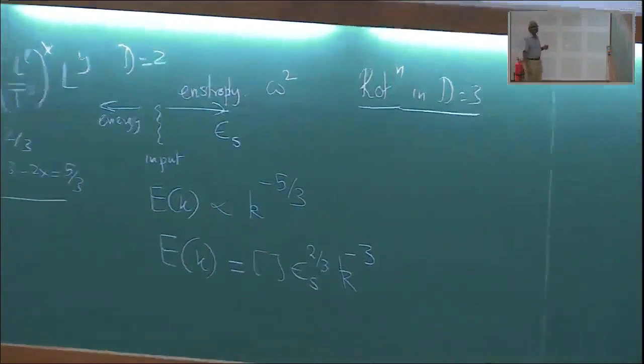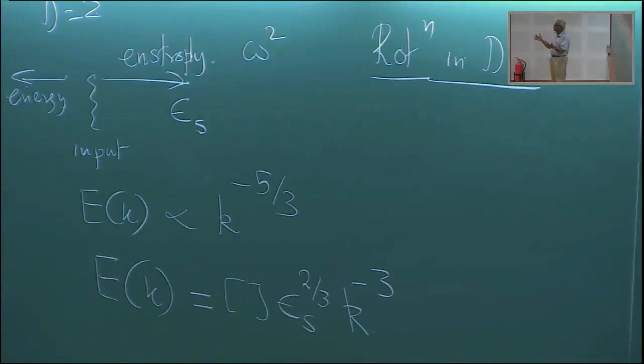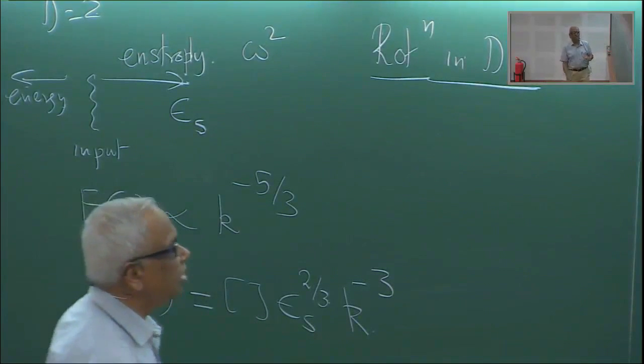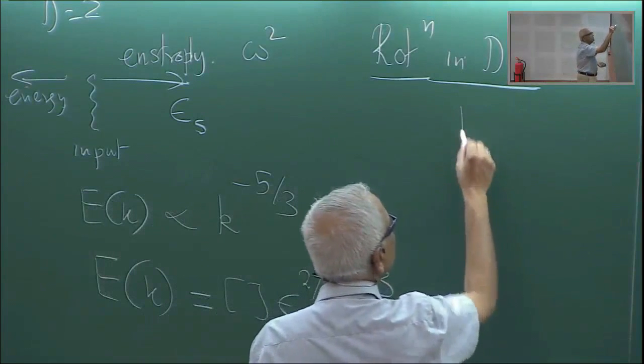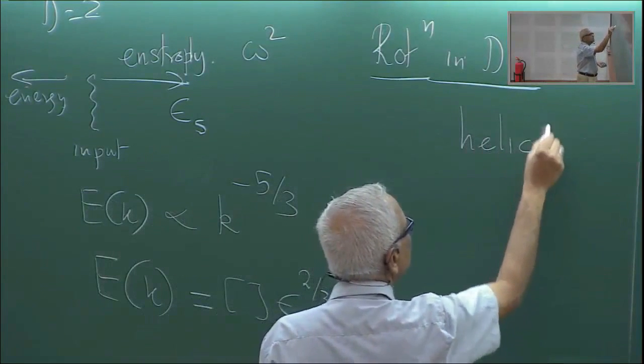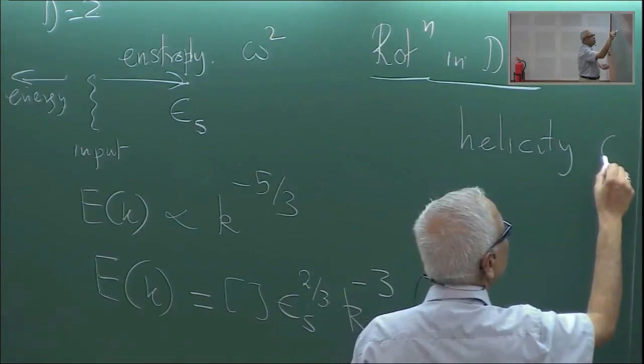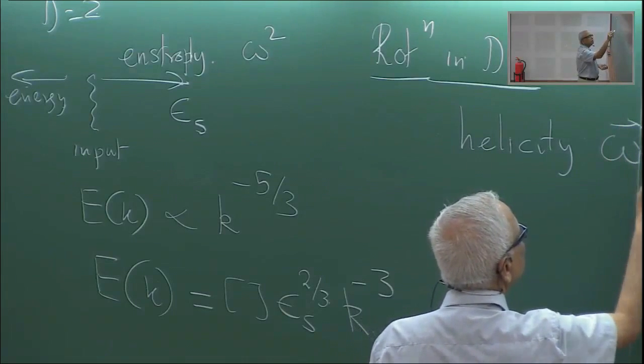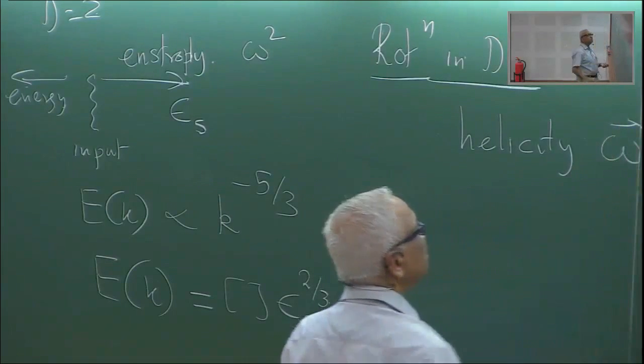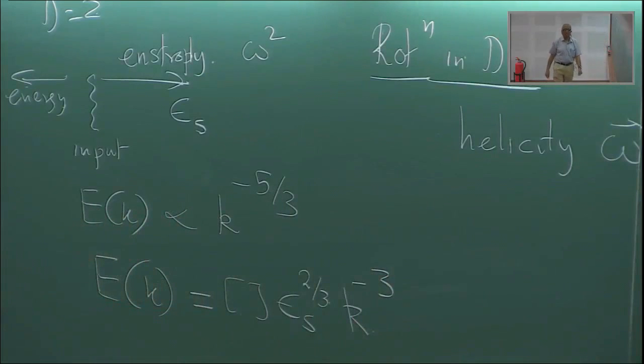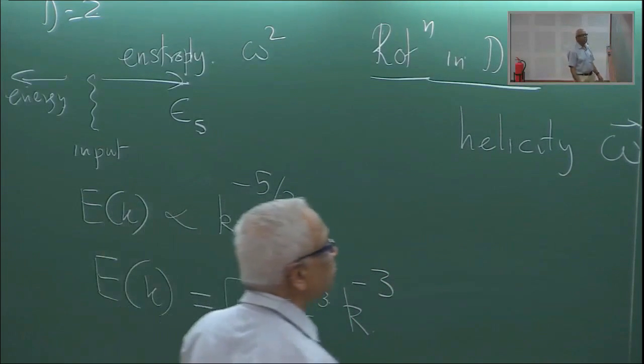That's not the way it works. It changes the energy spectrum. It's no longer minus 5 by 3, and I had said that there is this helicity, which is V omega dotted with V, which is another conserved quantity in the inviscid limit.